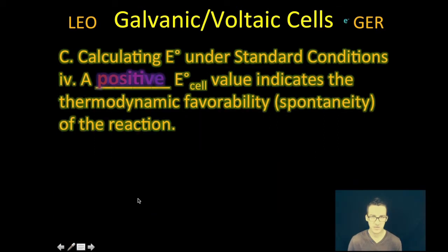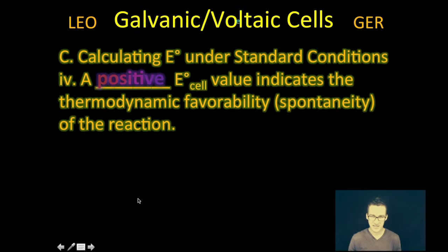Okay, and then ultimately for a voltaic cell or galvanic cell, we want to have a positive standard cell voltage value. It just indicates that the reaction is actually going to happen spontaneously. It will be thermodynamically favored. Thermodynamically favored is going to be the key terminology to use, but recognize spontaneous is also a good way to frame it in your mind, and that's the way I've always thought of it.